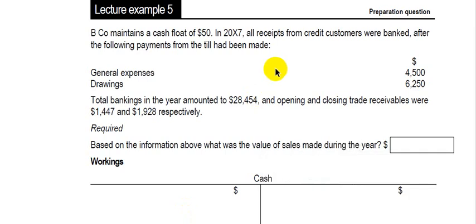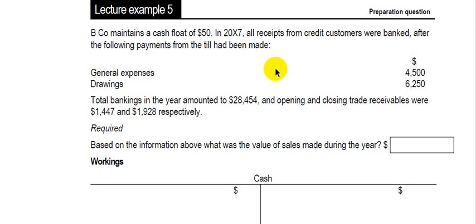In this question, we are told BCO maintains a cash float of $50. In 20X7, all receipts from credit customers were banked after the following payments from the till had been made.